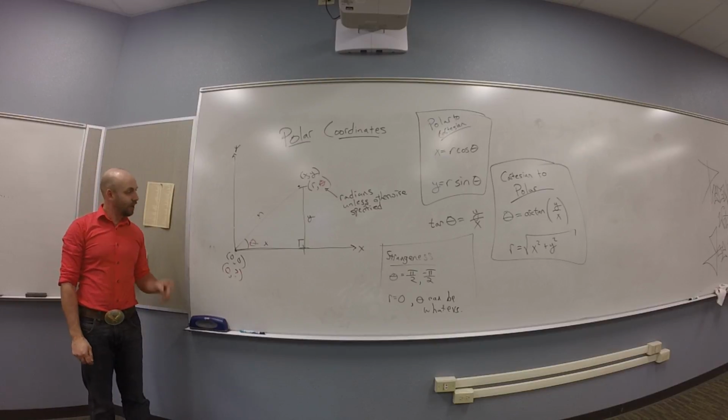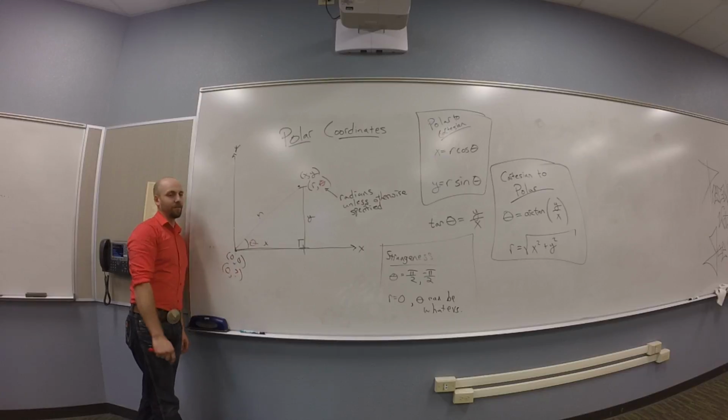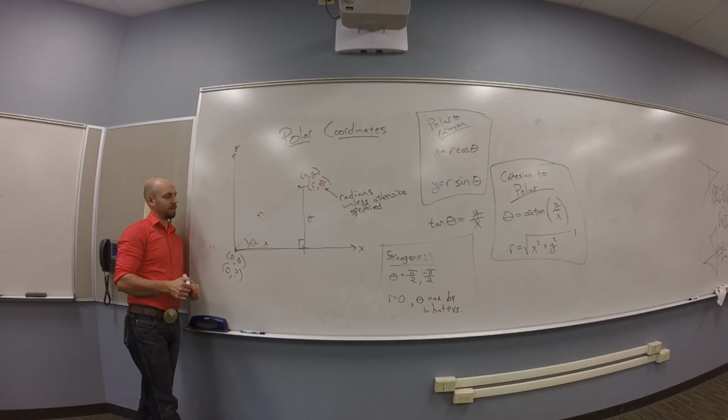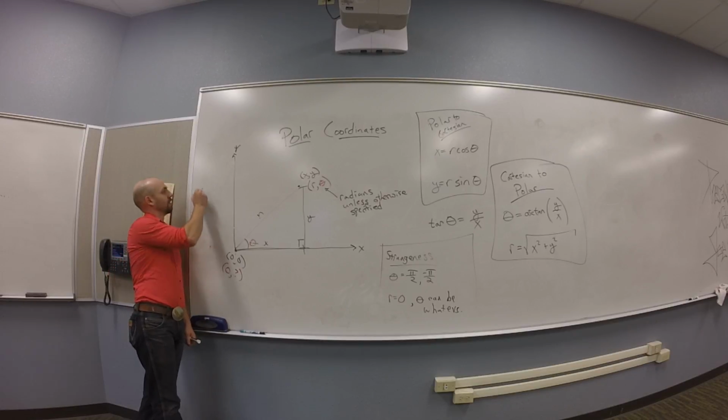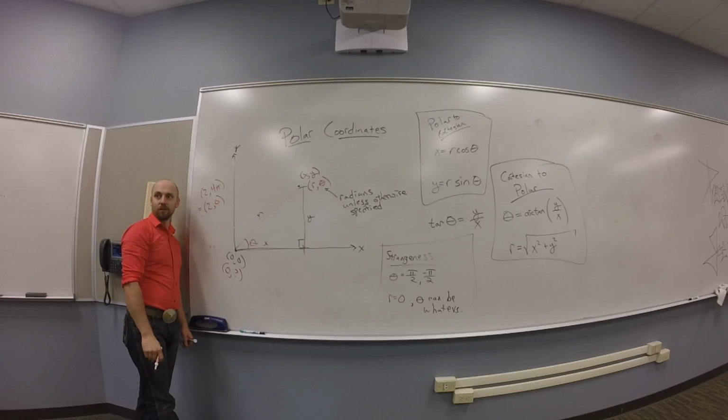And it should also be noted that if you make theta like 4 pi, then you go around. So if you're talking about the point in polar 2 comma 4 pi, you're just going around the whole thing twice, and with a radius of 2, your x is going to be 2 and your y is 0. These points are actually the same point.